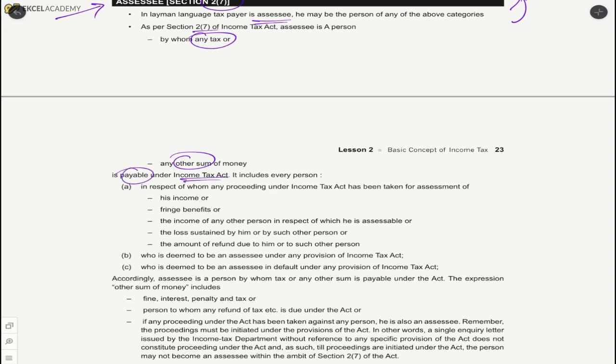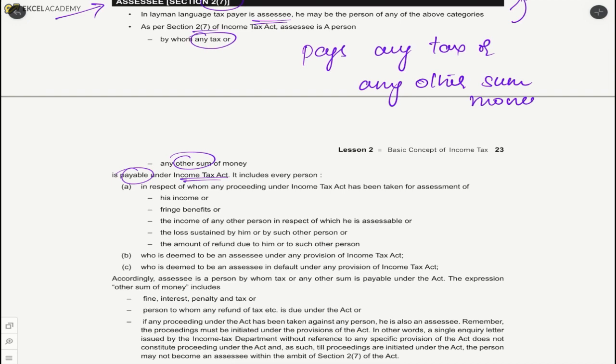So once again, who is an assessee? Who pays any tax or any other sum of money. So as long as you pay some amount of tax or some money in whichever format it is, you will be considered as an assessee according to section 2(7).